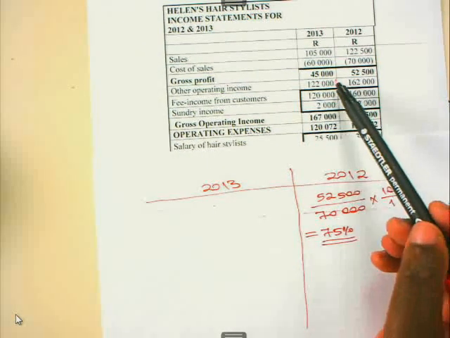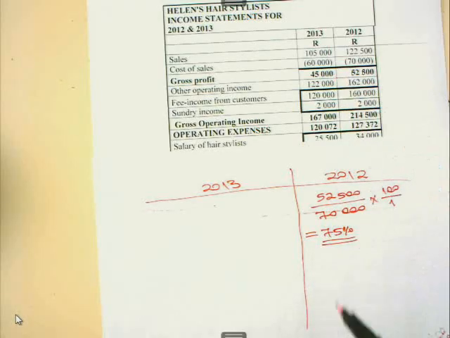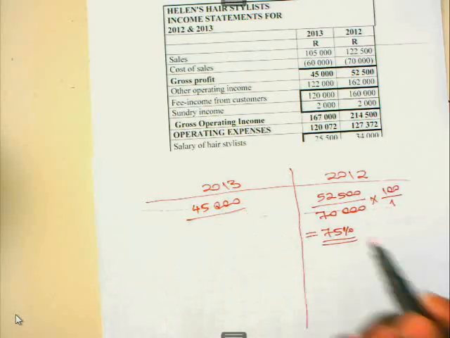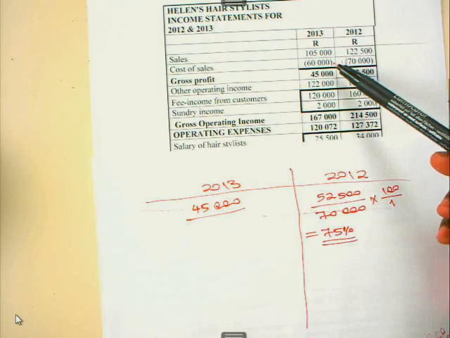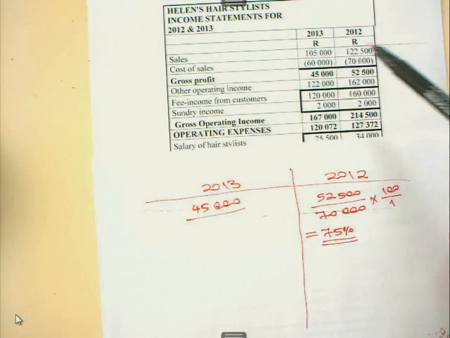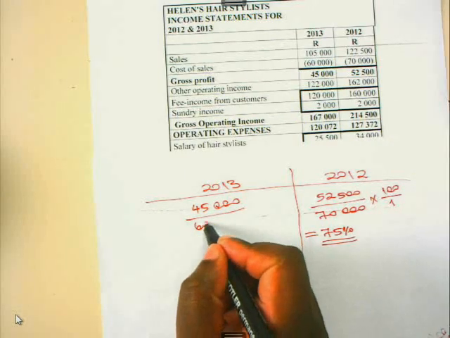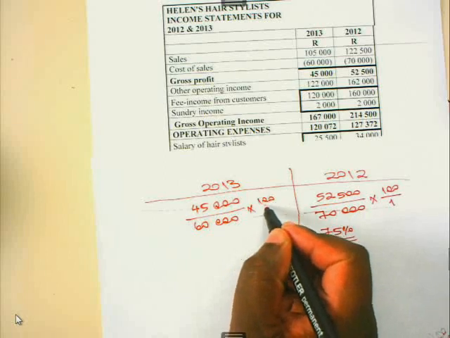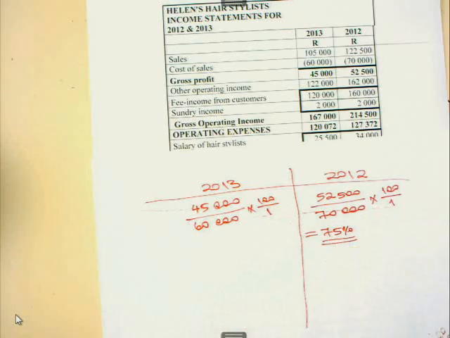Our gross profit is 45,000. We divide that by the cost of sales of 60,000. We'll multiply by 100 over 1.